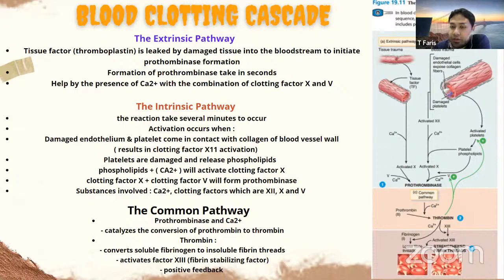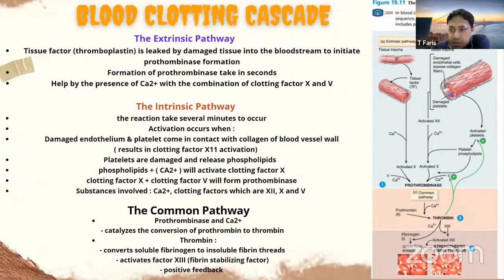If that's the case, then maybe they are using the intrinsic pathway. But if it's a small one, just like a knife, minor cuts or incision, they are using the extrinsic pathway because it's only at the tissue level, not really involving too much of the blood vessel.